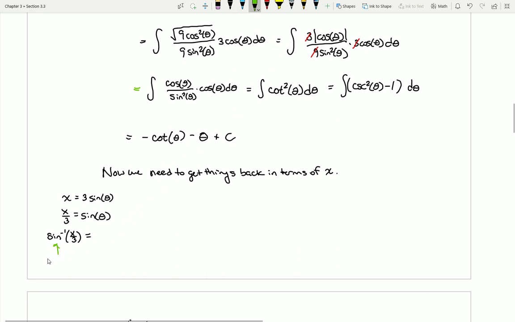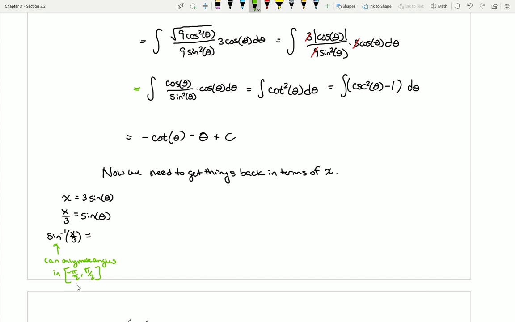Inverse sine can only make angles in the range negative pi over 2 to positive pi over 2. It cannot produce any angle outside of that range. So is theta an angle in that range or not?